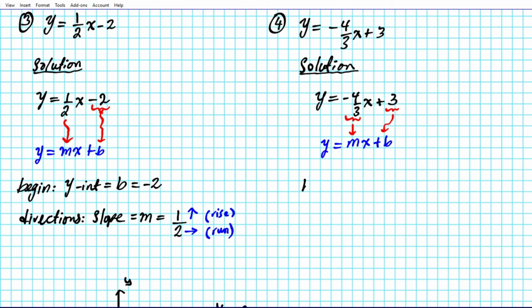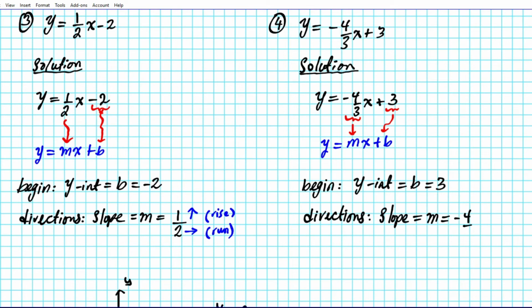Okay, so we know where to begin and we know what our directions are to find the second point. So where do we begin? We begin at the y-intercept. The y-intercept is b for beginning, which is 3 in this case. Our directions to the second point to help us define the line, we're going to use a slope. The slope is the m value, the coefficient of x, and it is -4/3 in this problem.